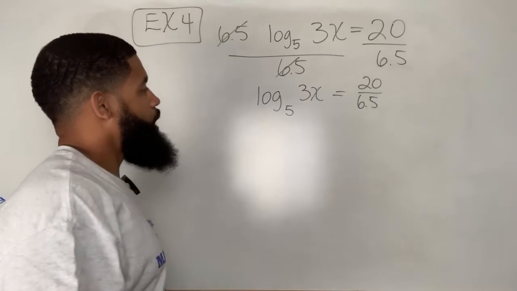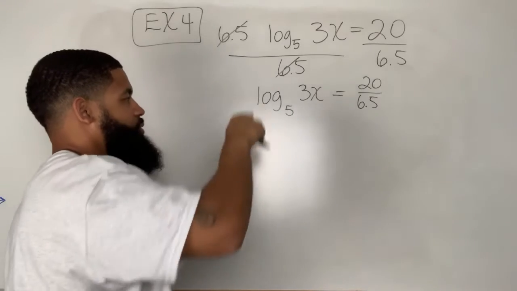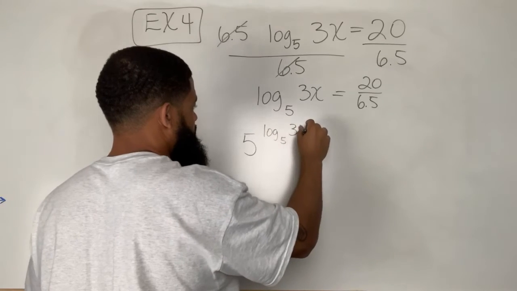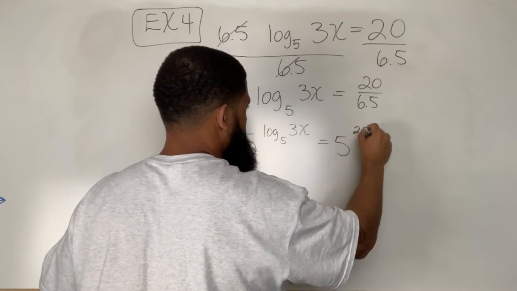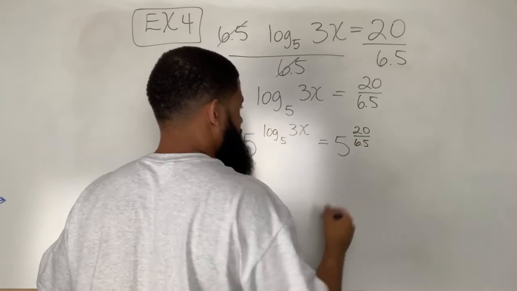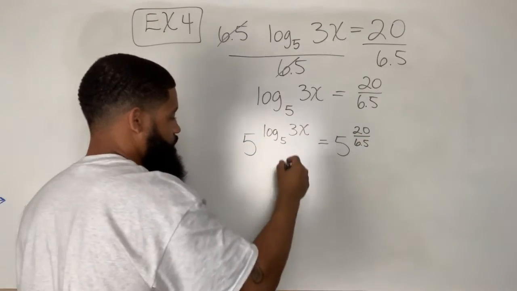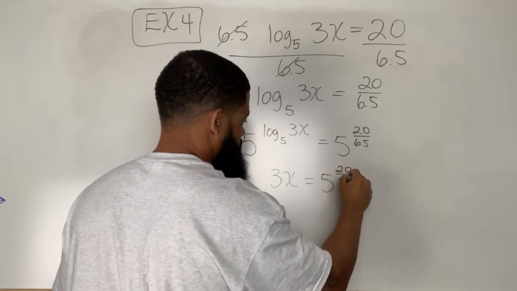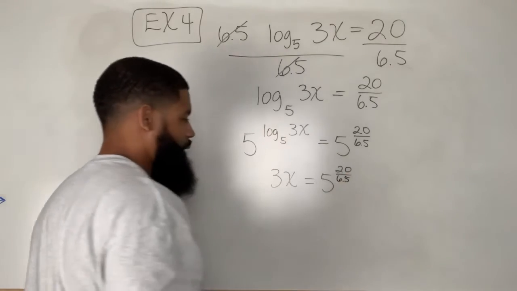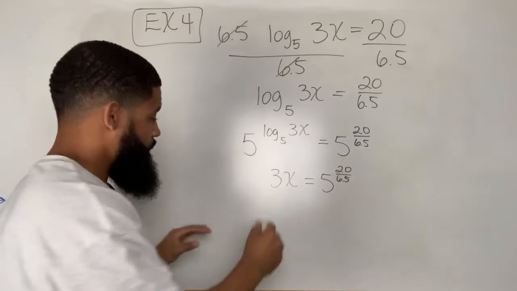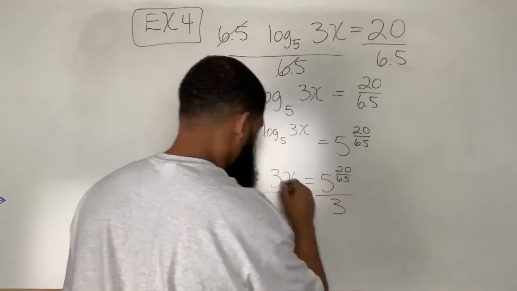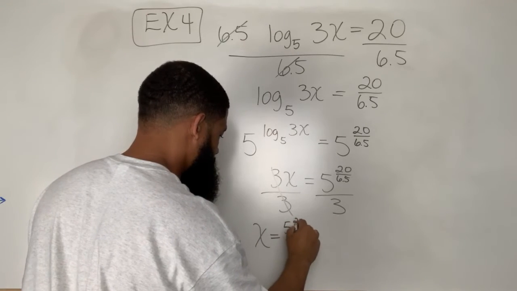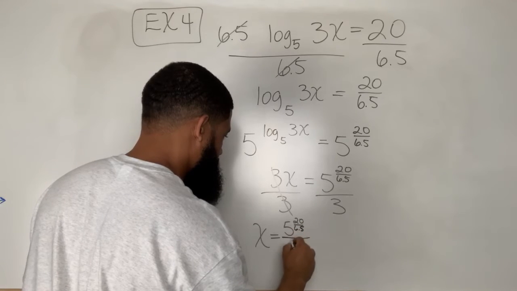Okay, and then now I want to do the same thing. I want to raise 5 to the log base 5 of 3x power, which is equal to 5 to the 20 over 6.5 power. Now over here I'm just going to be left with the 3x, and that equals 5 to the 20 over 6.5 power. I need to divide by 3 because I want to get x by itself. So x is equal to 5 to the 20 over 6.5 power divided by 3.